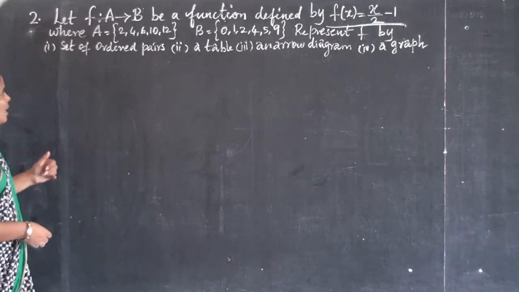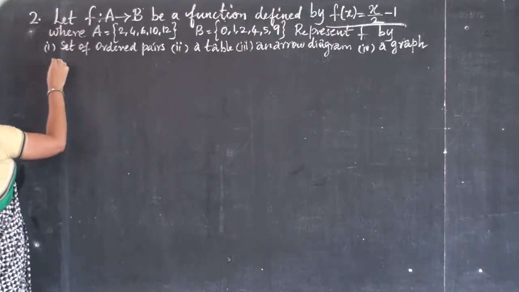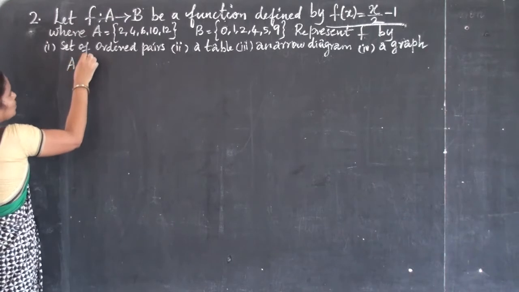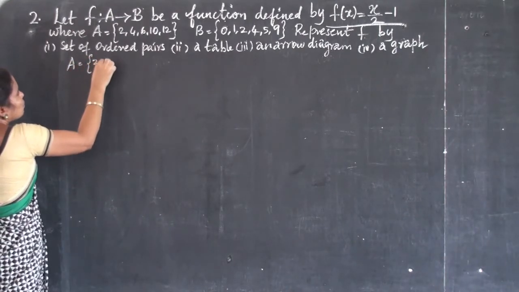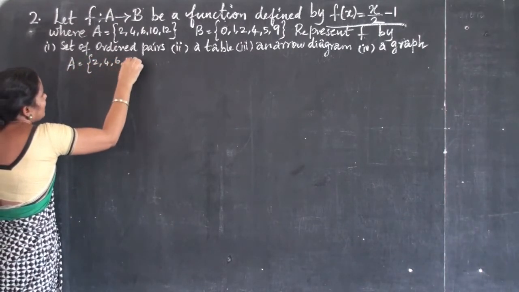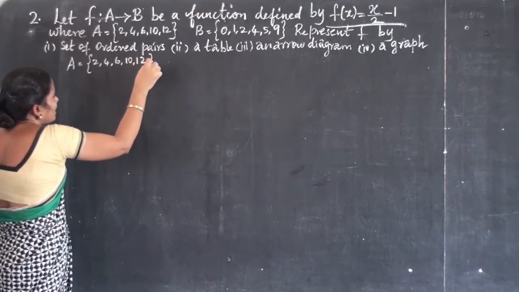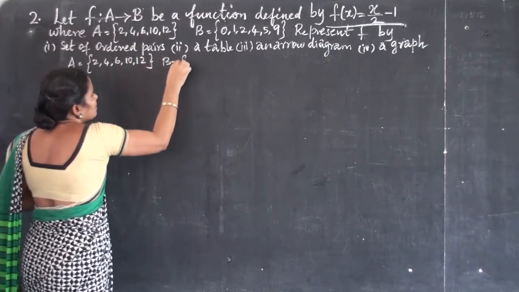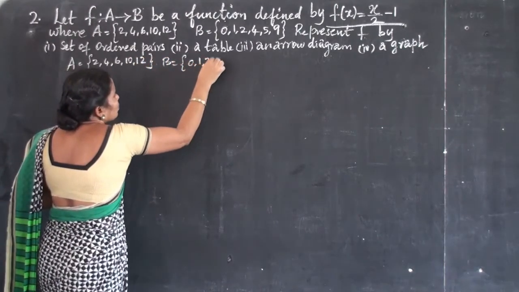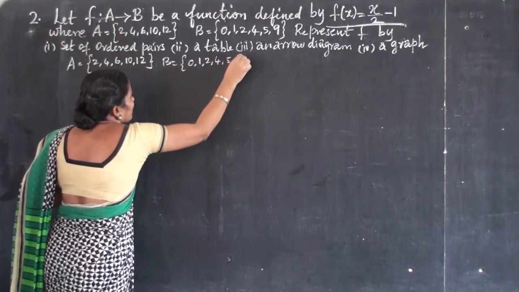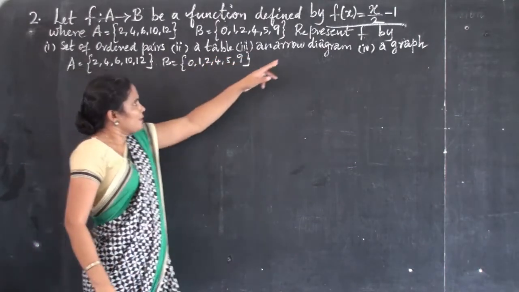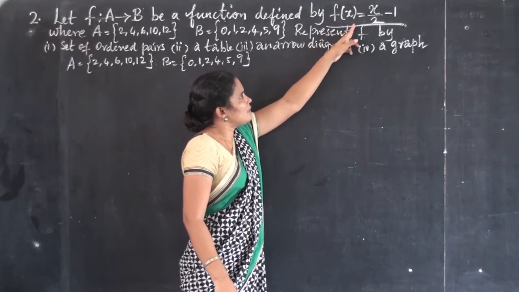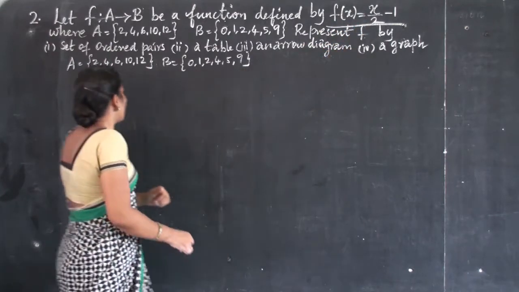Now let us see how to solve this. First of all, write A is equal to 2, 4, 6, 10, 12, and B is equal to 0, 1, 2, 4, 5 and 9. So we have to solve f of x is equal to x by 2 minus 1.